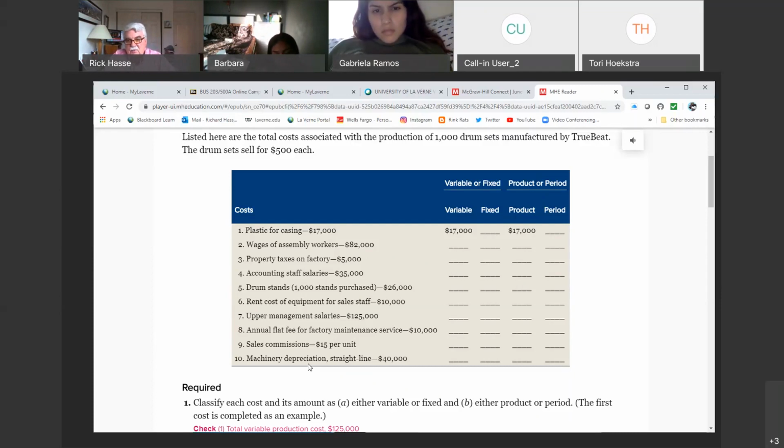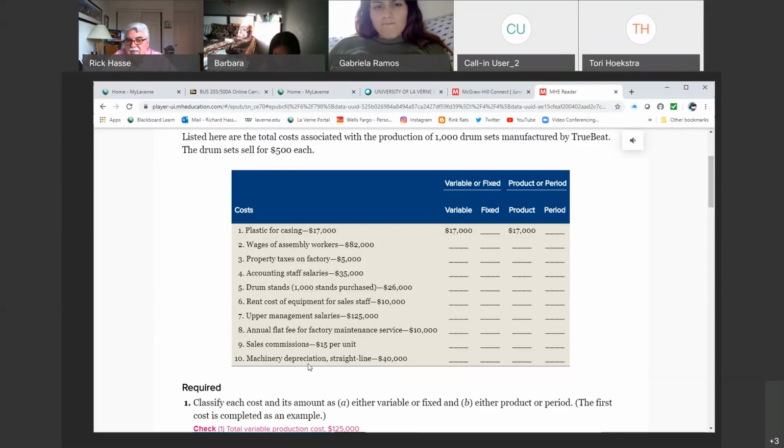Let's look at letter number 3. Property taxes on the factory. Property taxes are going to be there no matter what. If we don't produce any units, we're not going to have wages of the assembly workers. If we don't produce any product, we're not going to have plastic for casings. But if we don't produce any units, we're still going to have property taxes.